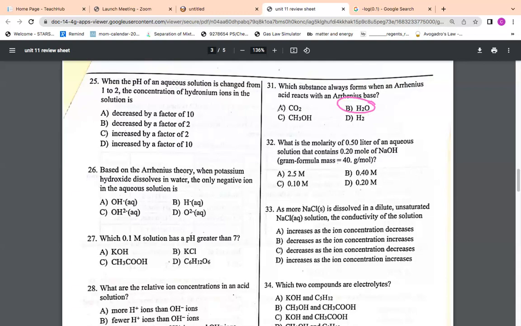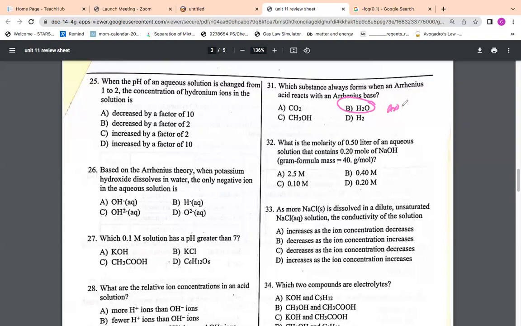Next, number 32. So we are given, what is the molarity of a 0.5 liter aqueous solution that contains 0.2 moles of NaOH? So this is actually back from our other unit, unit 10. This is a molarity question, but just to keep you sharp.